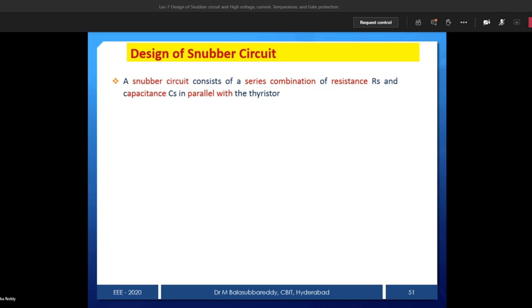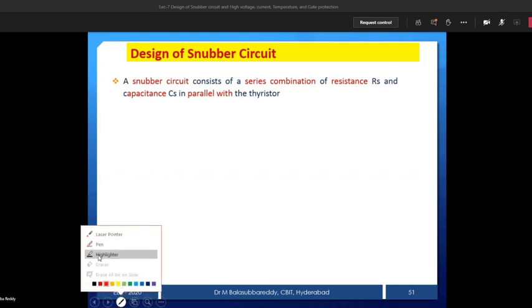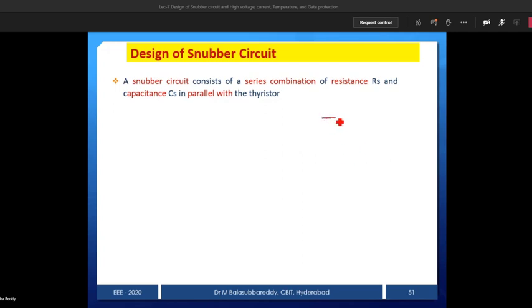So there is a device, an SCR. In parallel with the device, you connect a combination of resistor and capacitor, and that combination is in series. So suppose there is a capacitor and then a resistor, and this setup you connect in parallel with the SCR.